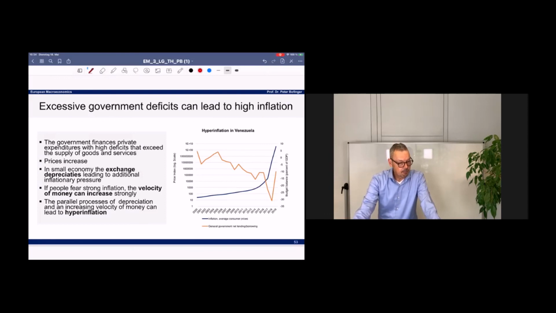So you get higher prices for domestic products, you get stronger imports, and of course these imports need to be financed. If this is not the case, then your exchange rate depreciates, and a depreciating exchange rate means that imports become more expensive. So you get additional upward pressure on the price level.